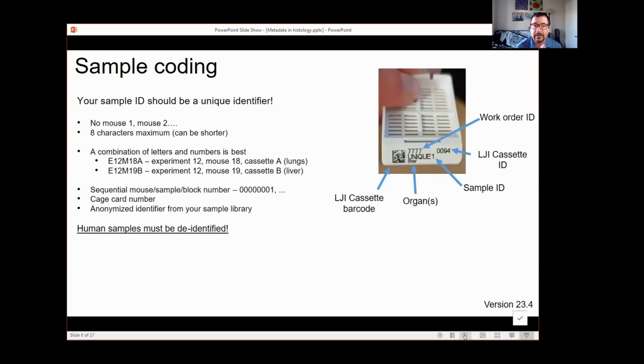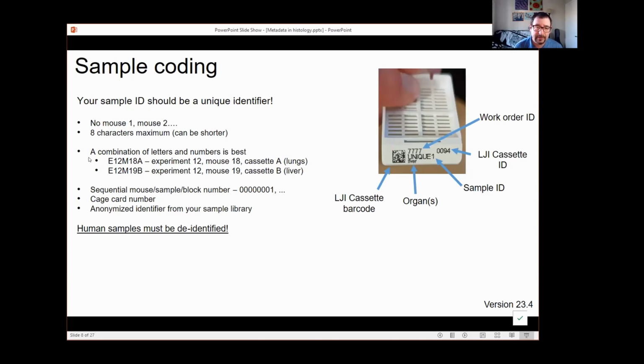So this is how it looks on the histological cassette. We have the barcode, and we have the information about the work order and the number of the cassette. This is something that we assign. The sample ID comes from the end user, as well as the organs.